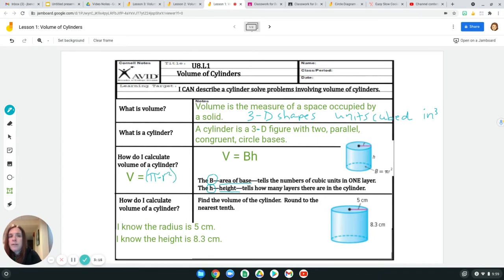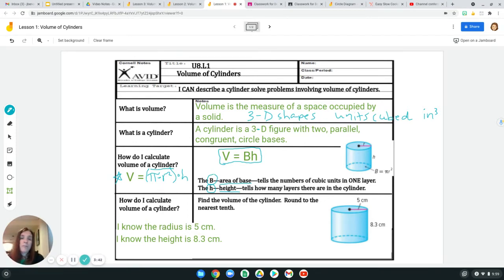Okay, so we do area of a circle because that's the base of a cylinder. And then we multiply that by the height of the cylinder because that's how many circle layers are then in that cylinder. Okay, so this is kind of the generic formula that covers all 3D shapes for volume. And this is the specific one for cylinder right here. So make sure you make very close note of that.